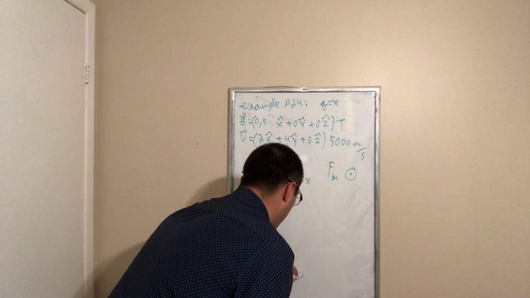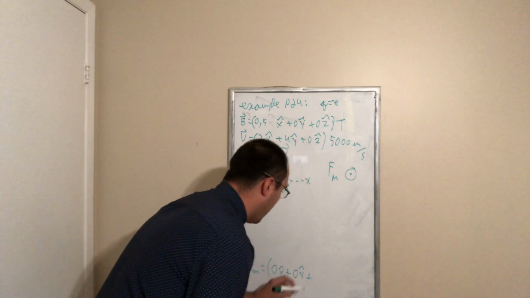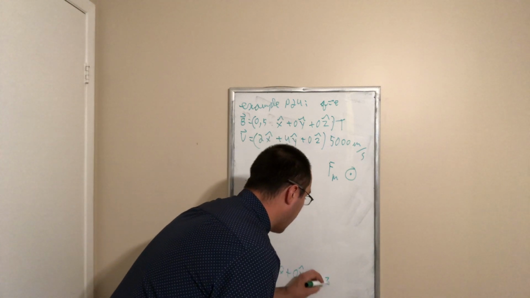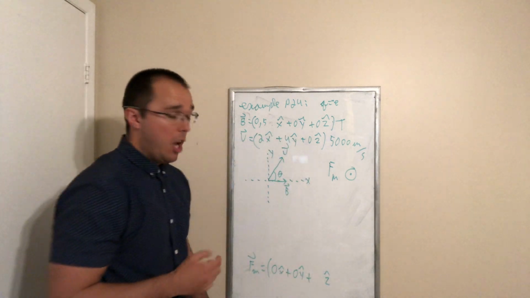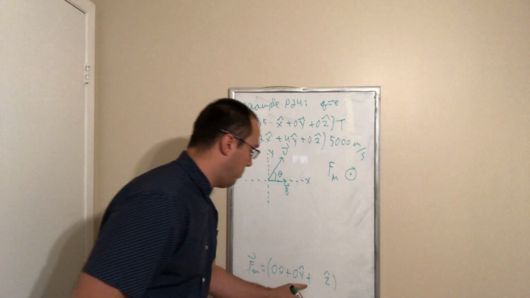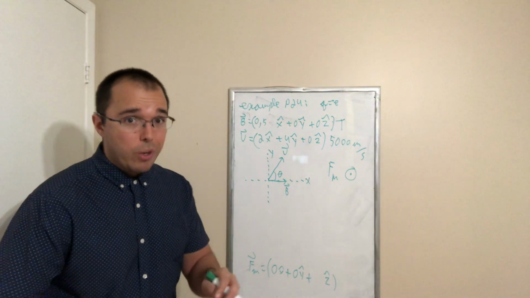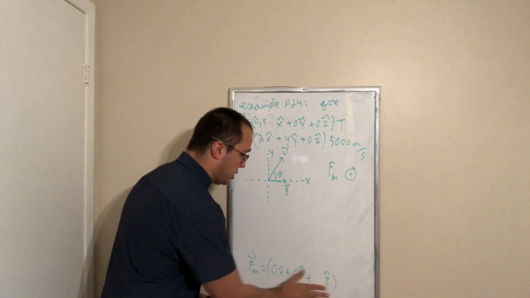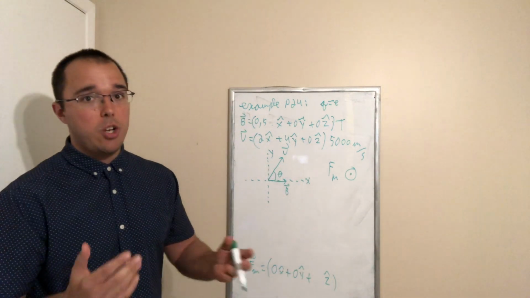So plus 0 in the y direction, and also plus on the z-axis. I don't know the magnitude yet, but I do know that it's pointing in the positive direction. So right away, just using the right-hand rule, we almost solve our problem. We just need to find the magnitude.